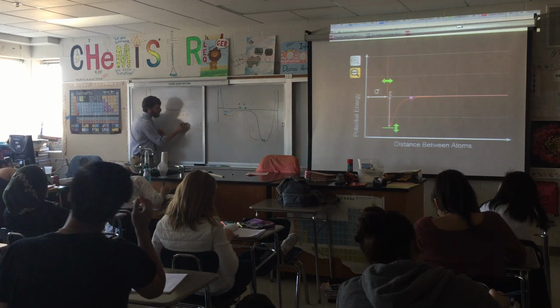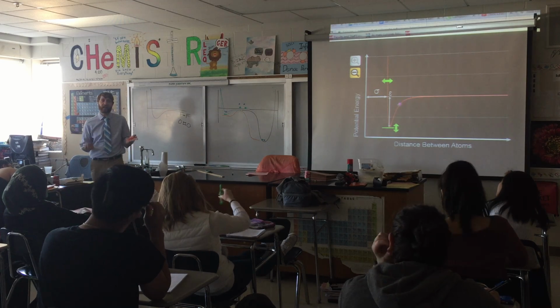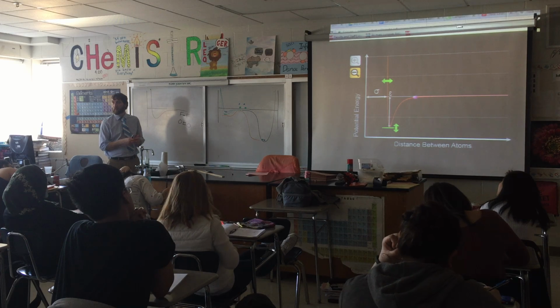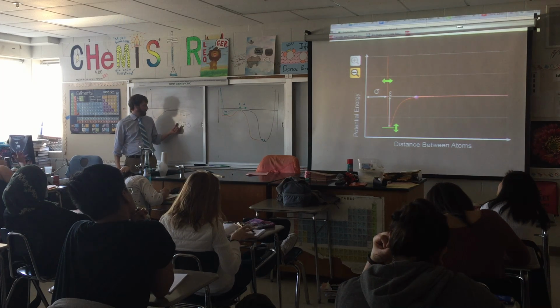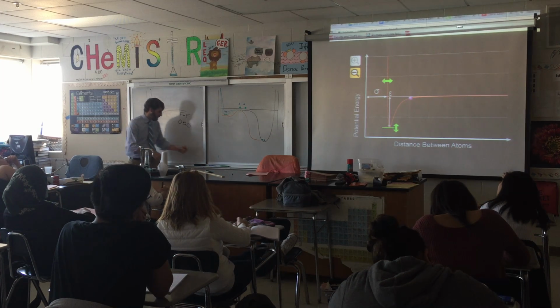In oxygen-oxygen, we have 4 electrons being shared. So Coulomb's law says the more electrons that are being shared, the more force of attraction the nuclei are going to experience towards those shared electrons, right?